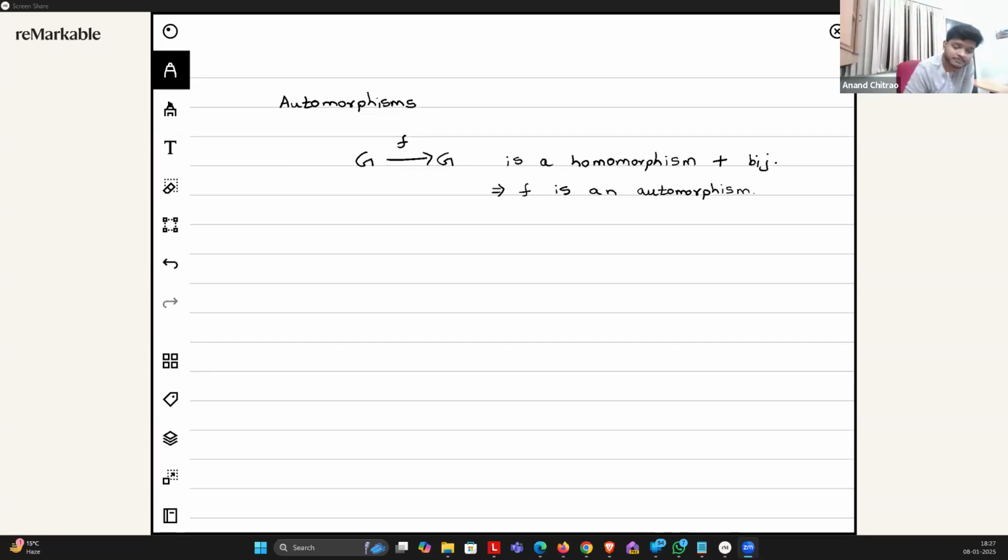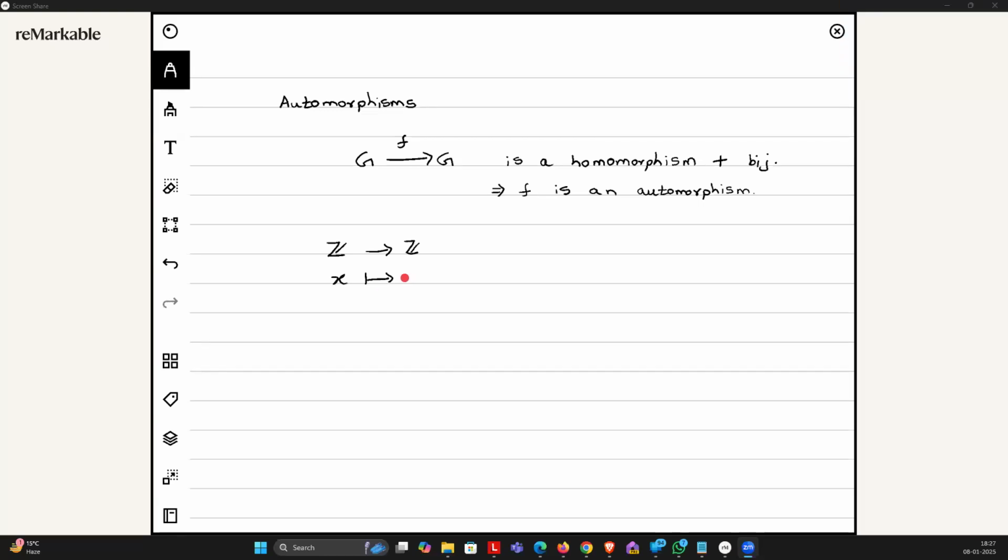So what is your group? Integers. Okay, Z to Z, you are taking the map sending x to minus x. Yeah, so this is essentially the only non-trivial automorphism of Z.